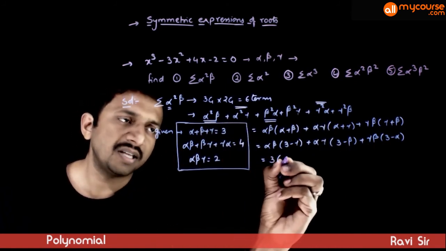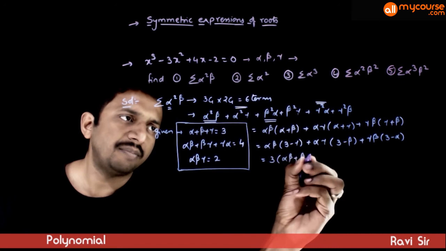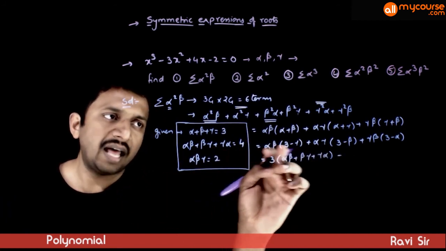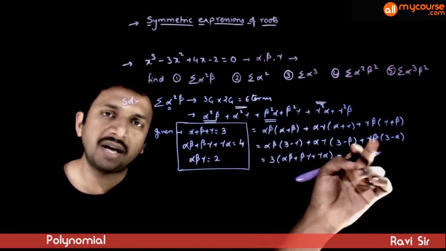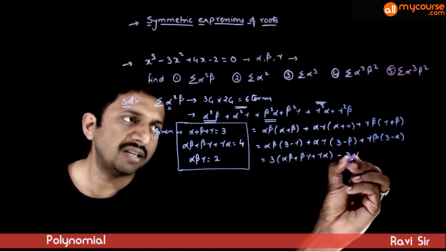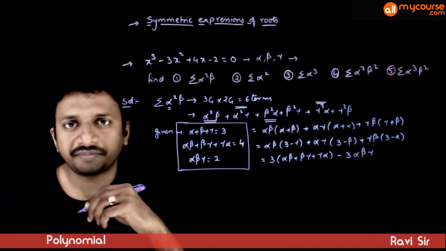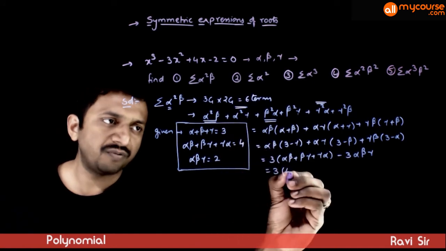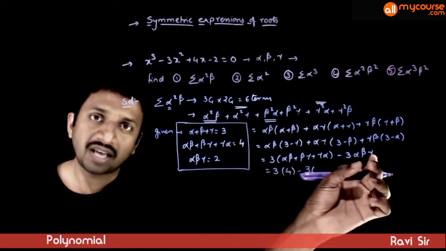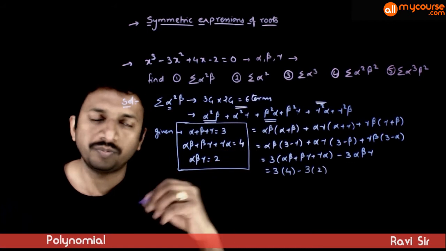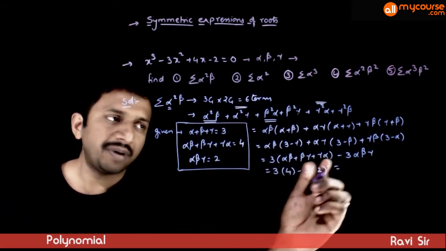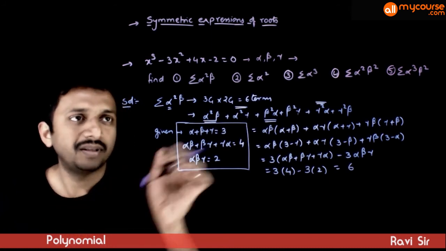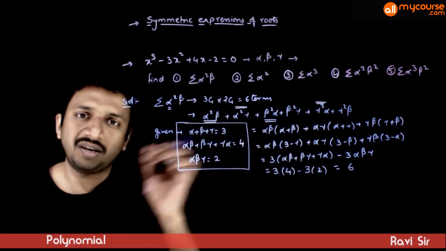That is 3 times alpha beta plus beta gamma plus gamma alpha, minus alpha beta gamma, alpha beta gamma, alpha beta gamma is 3 times alpha beta gamma. That is equal to 3 times, this expression is known, which is 4, minus 3 times alpha beta gamma is 2. So 3 4s are 12, minus 3 2s are 6. So you get 12 minus 6 is equal to 6. So sigma alpha square beta is equal to 6.